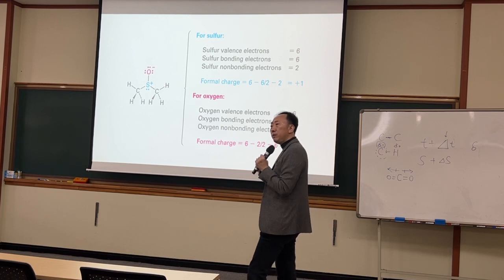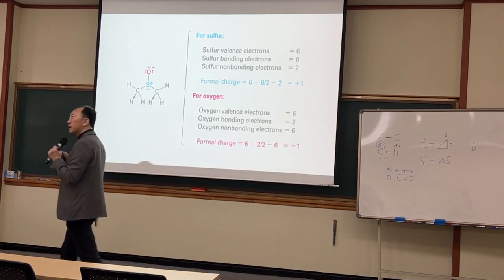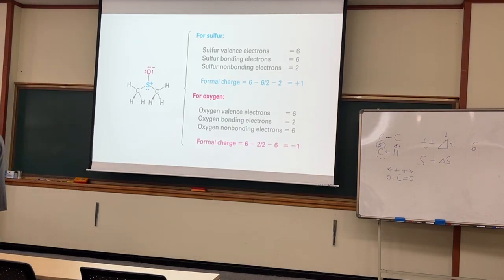Oxygen started with 6 electrons, but it ended up with 7 electrons. Then 1 extra electron means minus 1, because an electron is negatively charged. So calculation wise, the original number of 6, minus the ending number of 1 bond and 3 pairs of electrons, gives minus 1.